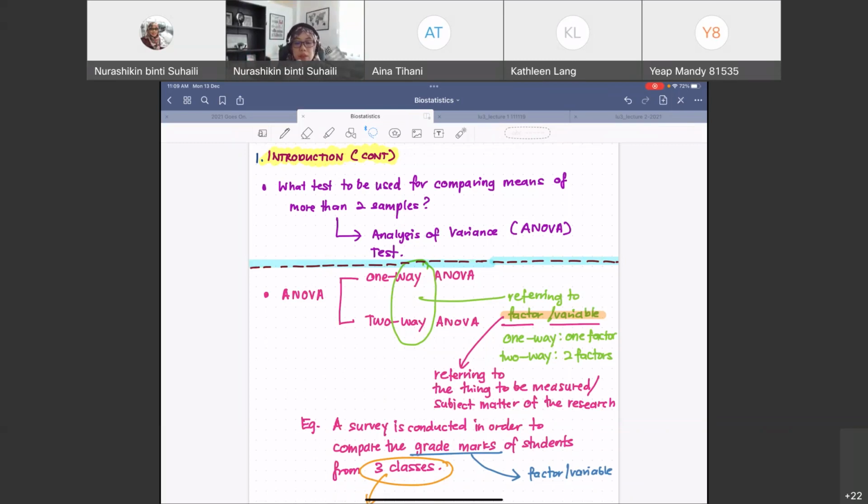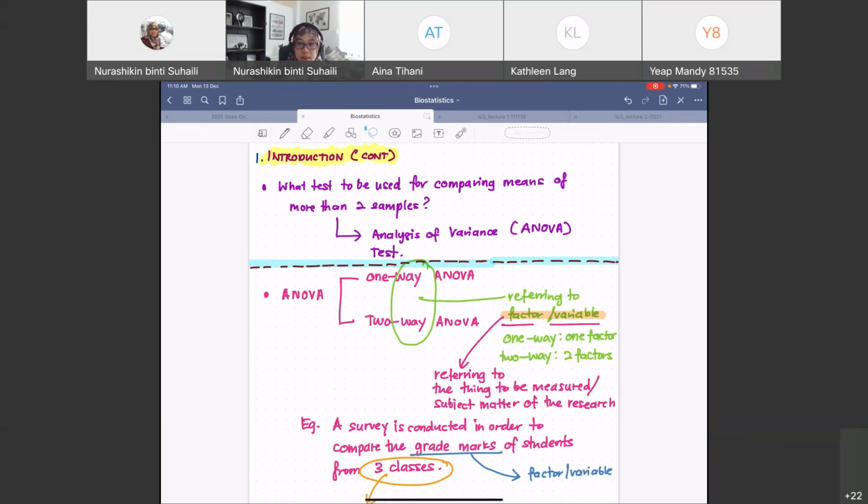So that is one way. But if we have more than one thing to be compared, say you are talking about insects from 5 places, and you want to compare the weight and the height of the insects that you have sampled from 5 different places in Sarawak. You have two things that you want to compare, the weight and the height.